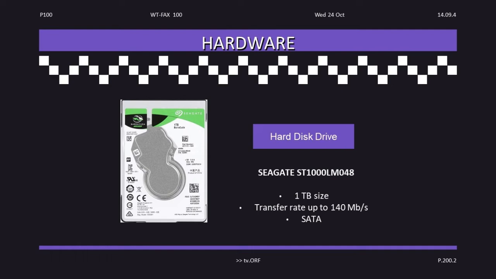We propose this hard disk drive due to its large capacity and suitability for Nawal. With this hard disk drive, she can store up to 1 TB of data. This hard disk drive is also very fast, with a transfer rate of 140 MB per second.